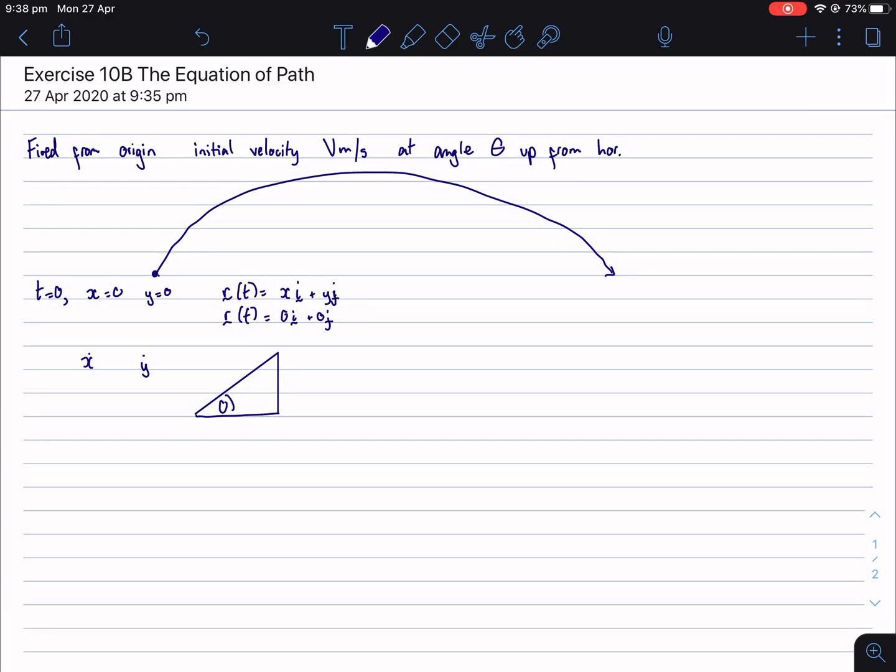So this is theta and this is big V. So this will be x dot and this will be y dot. So x dot at 0 is v cos theta, and y dot at 0 is v sine theta.